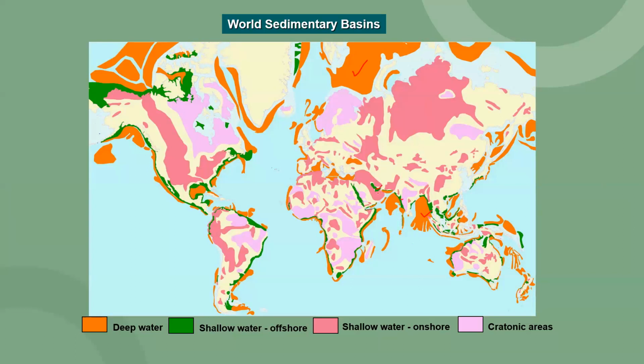Over here, this is part of Malaysia or somewhere, then we have the Indian Ocean and this part. That is the shallow water we have, then we have shallow water onshore as well, and the cratonic area, which is most of the region we have for oil and gas exploration.